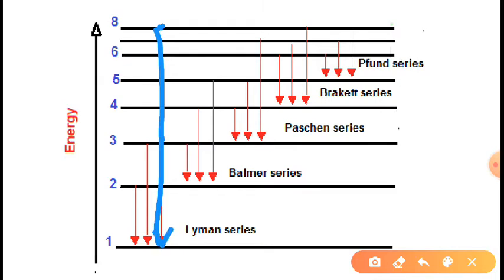And suppose some atom was in the sixth excited state. It also jumped from there to the ground state.